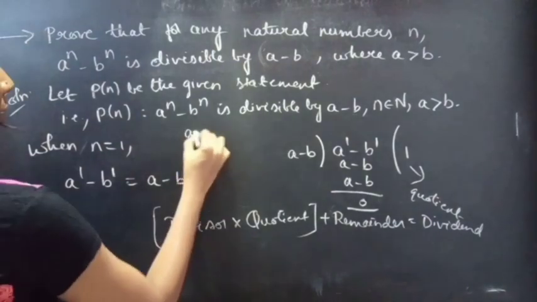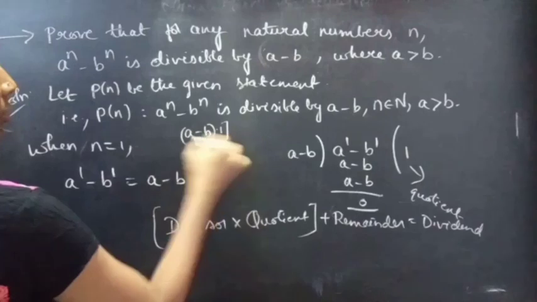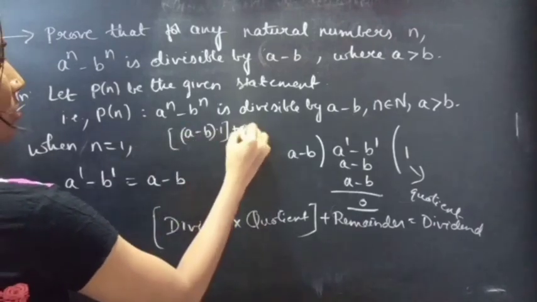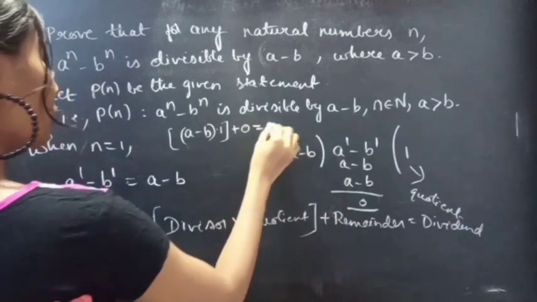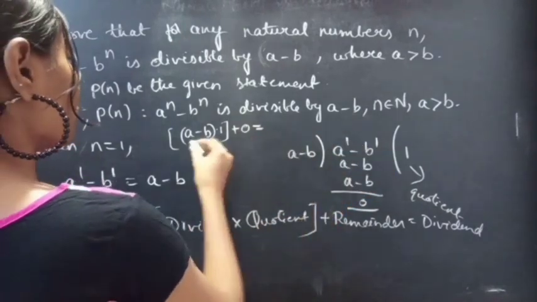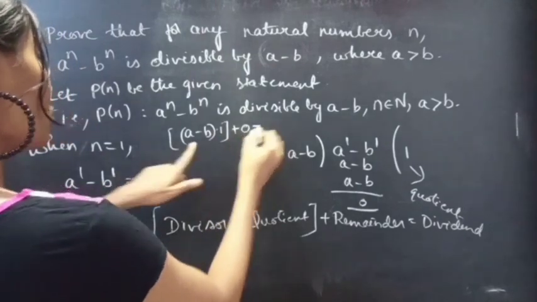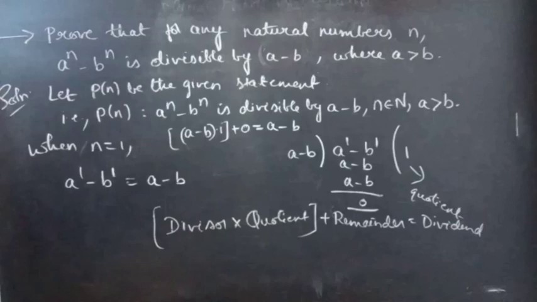Then you can write divisor into quotient 1 plus remainder 0. From this you have to get dividend a power 1 minus b power 1. So let's see what happens. From this you will get a minus b, right, which is a dividend.